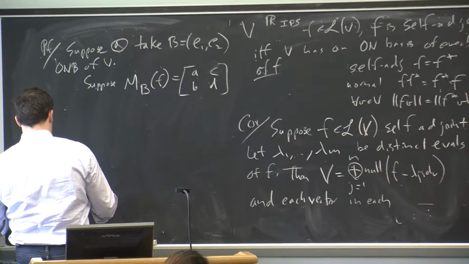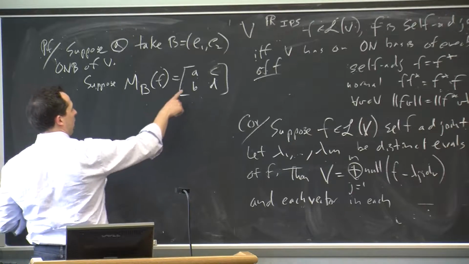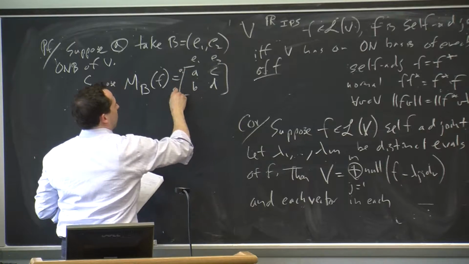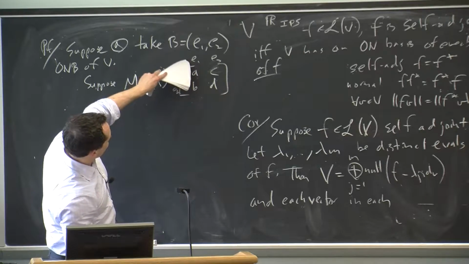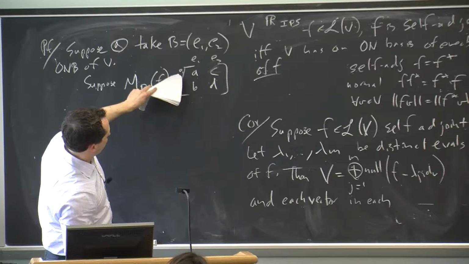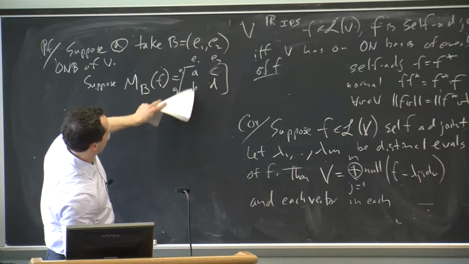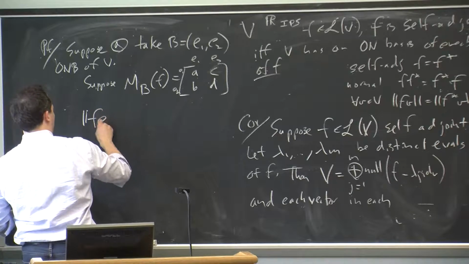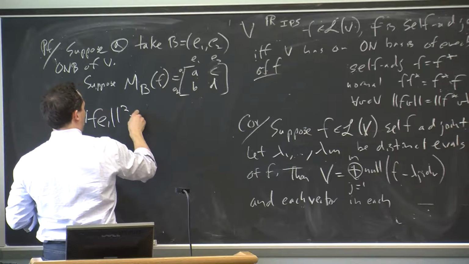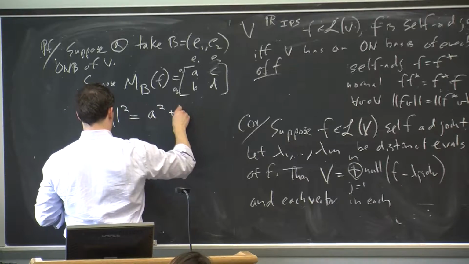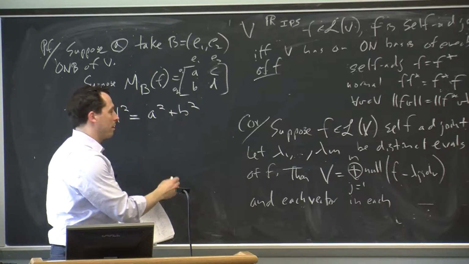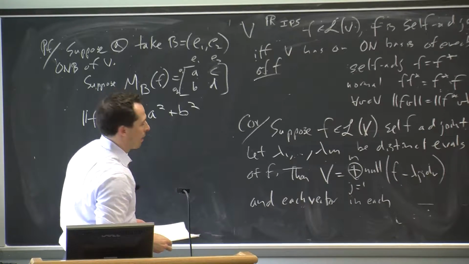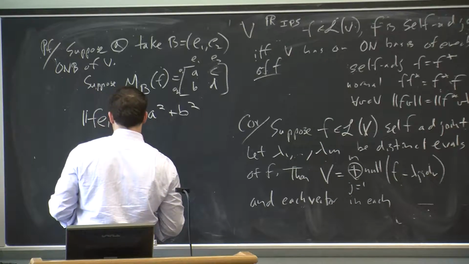So if we look at the first column, with basis E1, E2: A is the coefficient of f of E1 for E1, and B is the coefficient of f of E1 for E2. So the norm of f of E1 squared is A squared plus B squared. I don't need to take absolute values because these are real numbers, and when I square a real number, I get back a non-negative number.